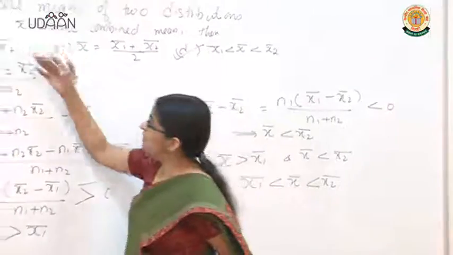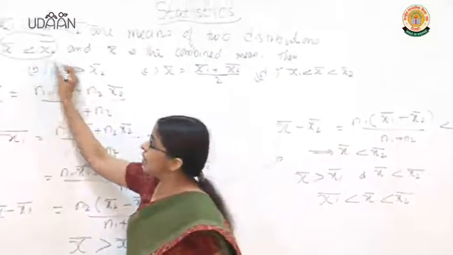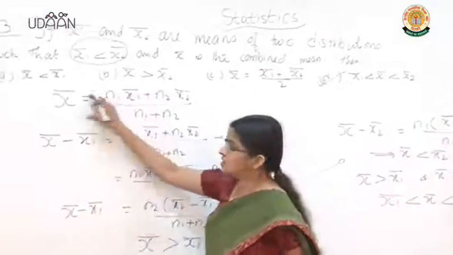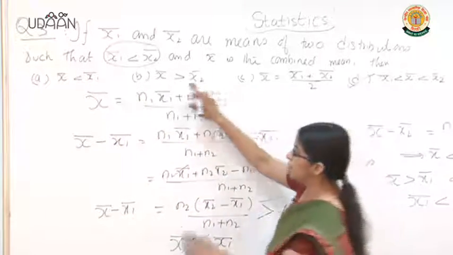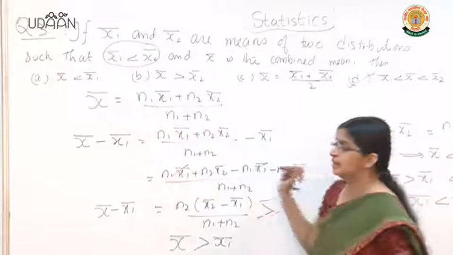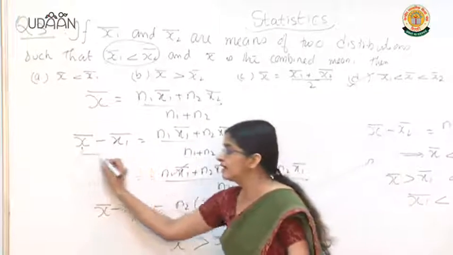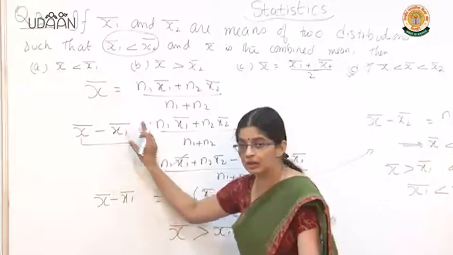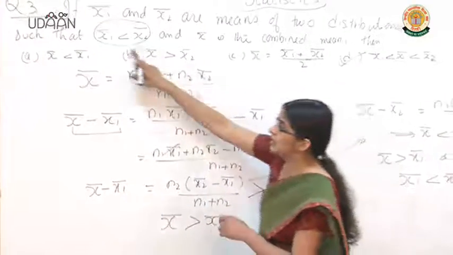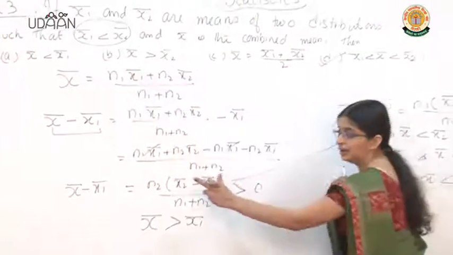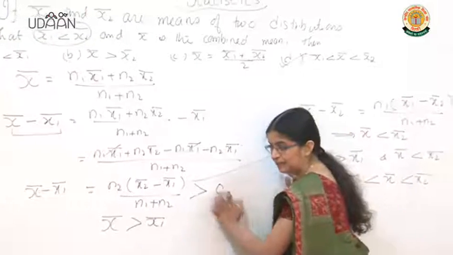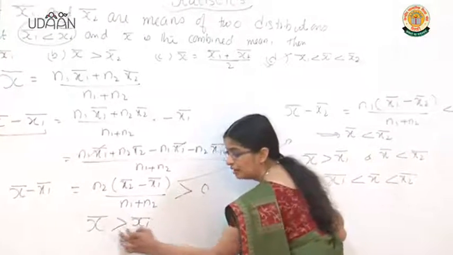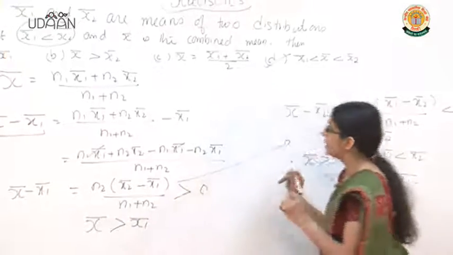Look, what we have done here: x1 bar is less than x2 bar, and there is a combined mean. We have written the formula for the combined mean, and we have to check which of these options is correct. So, I have taken x bar minus x1 bar and calculated its value using the given data. I got the value of x bar minus x1 bar as a positive quantity, which implies x bar is greater than x1 bar.